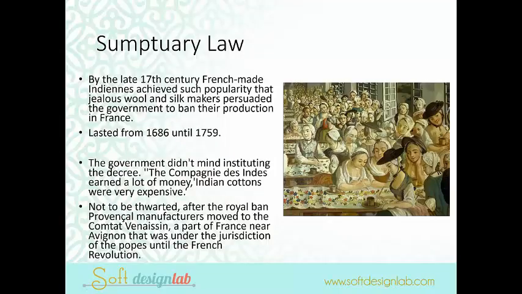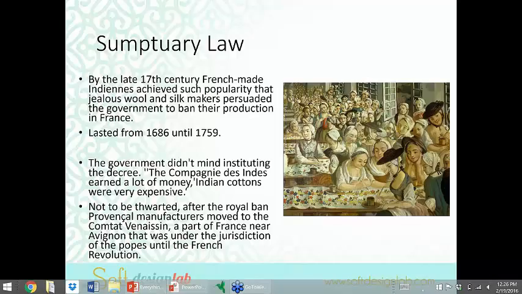As I mentioned earlier, there were sumptuary laws, and the reason they came about is that everything was just so popular that the King was not happy about it, and the wool makers and the silk makers were losing production. So he banned the production and printing of any Provençal fabrics, and Paisley included.